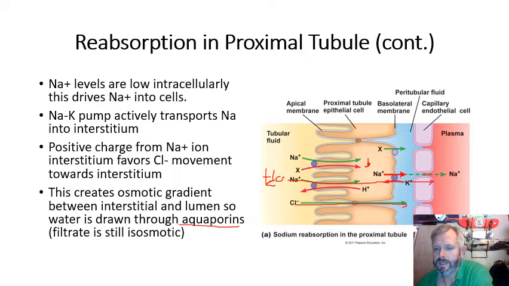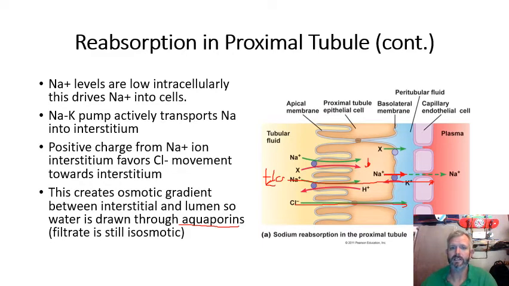All right, and keep that in the back of your head, because as we move through these tubules, we can move water by moving sodium. Okay, as long as we're permeable to water, wherever sodium's going, water's going to follow it.